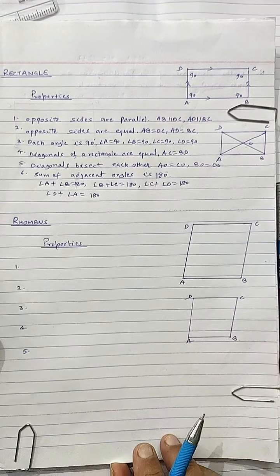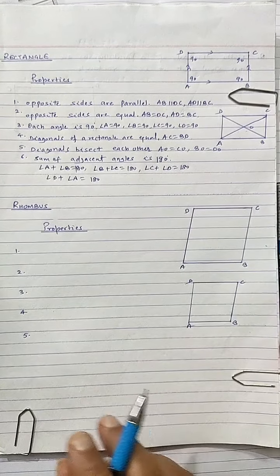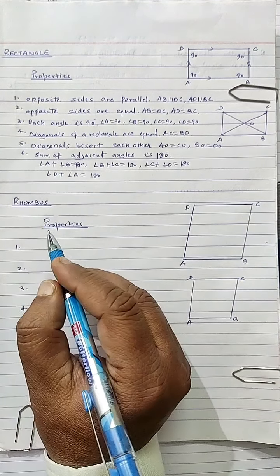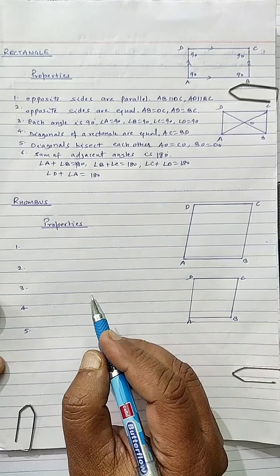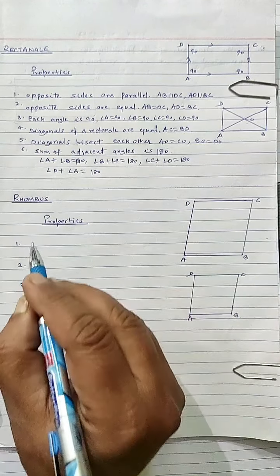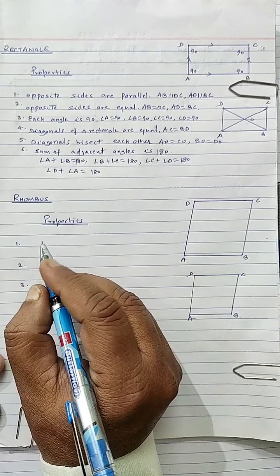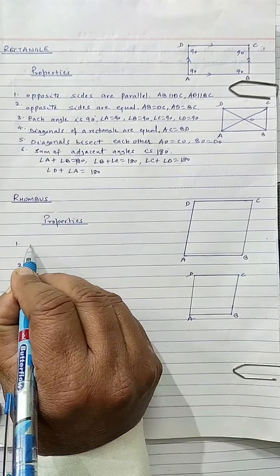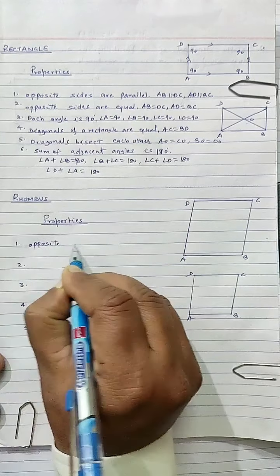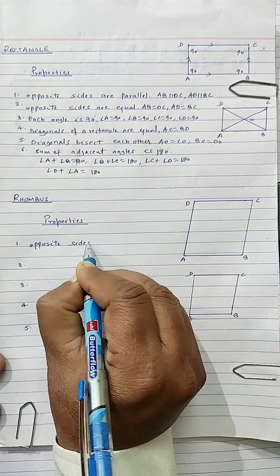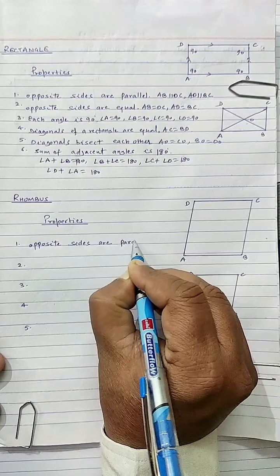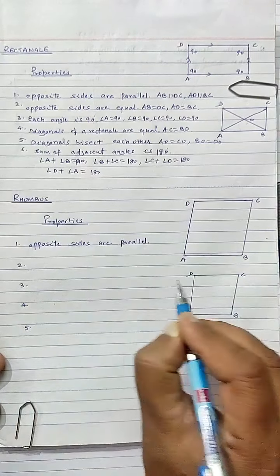Okay, now we have one more quadrilateral, that is a rhombus. Now we learn about the properties of a rhombus. Number one, first property, opposite sides are parallel.